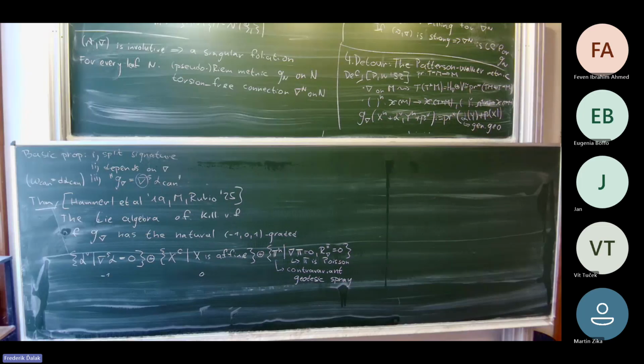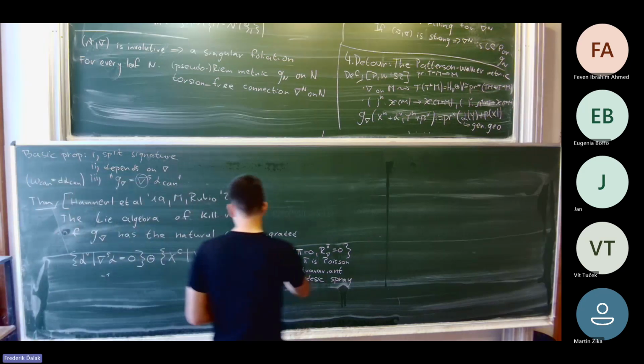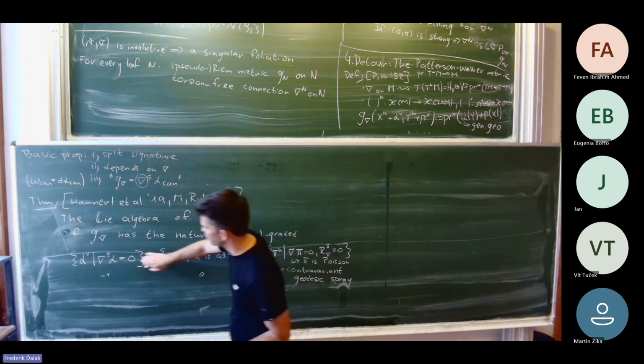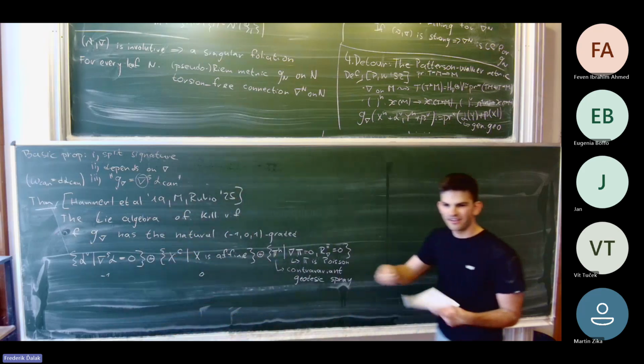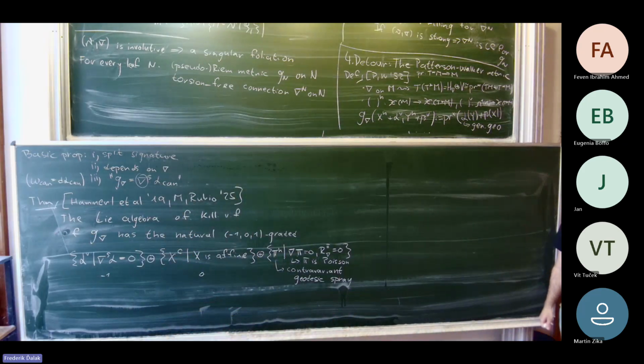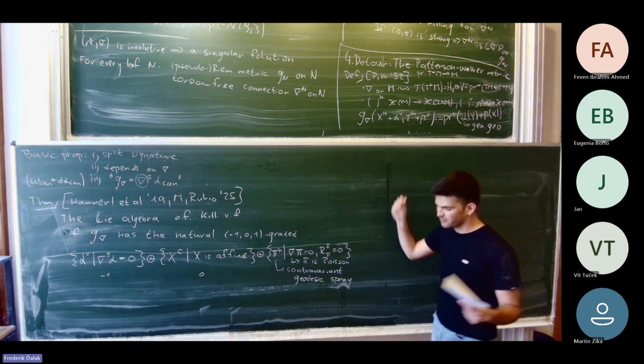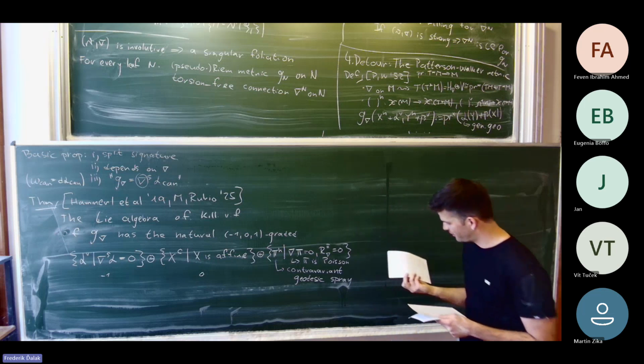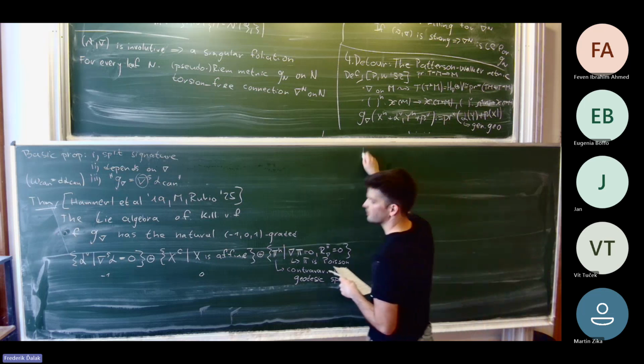Is it infinite dimensional? No, it's finite. It's similar, but on a bigger level. I think this piece is interesting because you can guess these from Riemannian geometry, right? You have symmetry given by vector fields in one part, but then this mysterious piece appears, which I don't really know why, but it does.